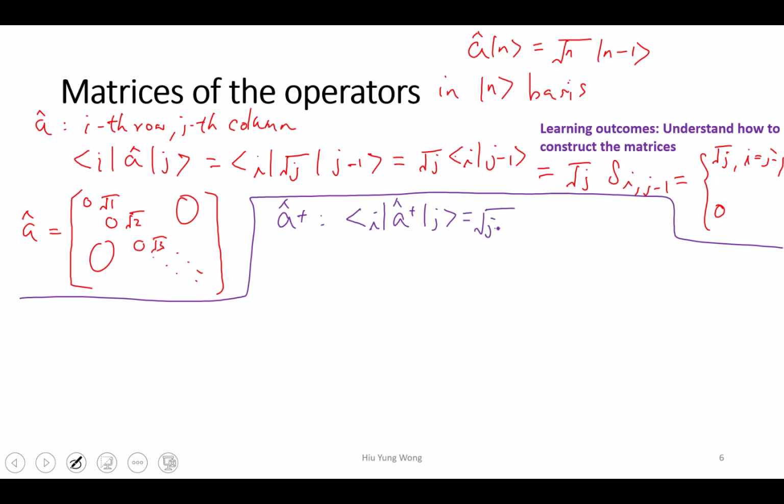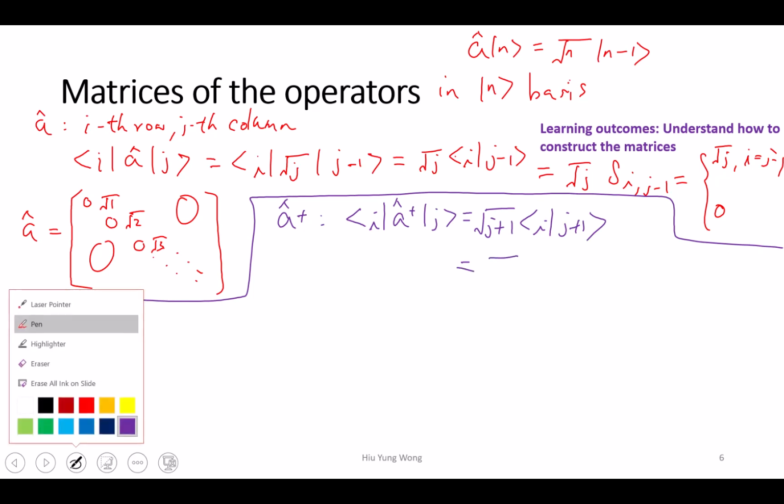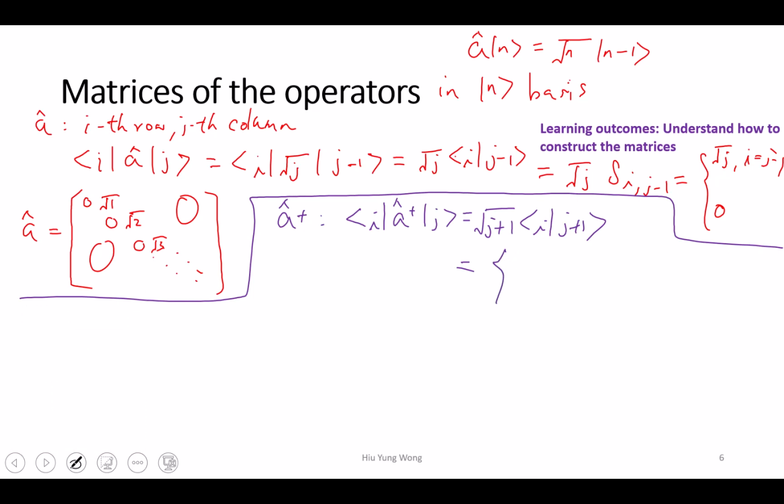I get square root of j plus 1 times the inner product of i with j plus 1, right? So again, this is similar to that one, but then it says that this equals square root of j plus 1 if i equals j plus 1. Otherwise, it is 0.